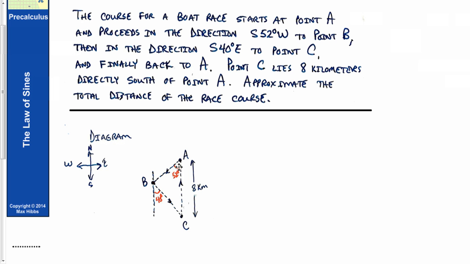And of course, if this is angle A, this is side a. So we need to know this side, which we'll think of as lowercase c. We'll need to know this side, which we'll think of as lowercase a. And we already know lowercase b. So we need to know these two sides so we can add all three sides together. Okay. So that's the plan.